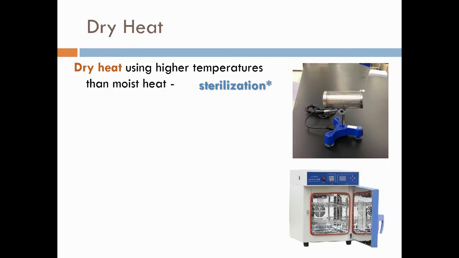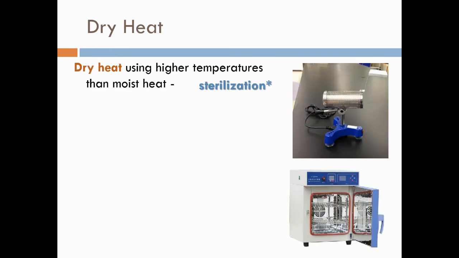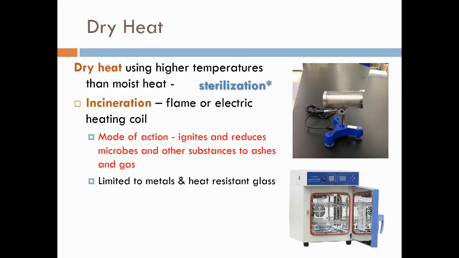Dry heat, as opposed to moist heat, where we're using steam or boiling, needs higher temperatures than moist heat. I can achieve sterilization with my autoclave, and with dry heat I can also achieve sterilization because I'm going to incinerate. I'm going to physically destroy my microbe. Incinerators either use a flame or electric heat with a coil.